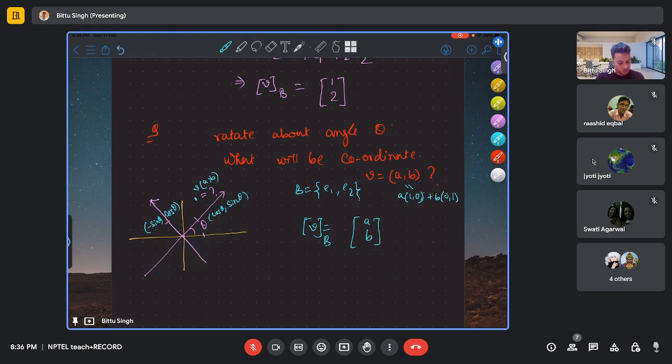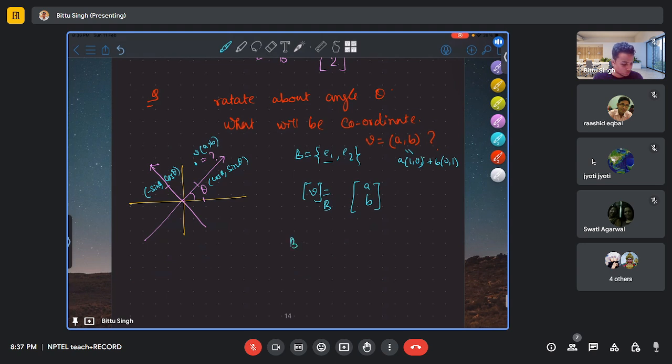Now, with respect to this new coordinate, this purple one, what will it be with respect to the new basis? Instead of e1, e2, the basis is now B dash, the new basis, whose first element is (cos theta, sin theta).